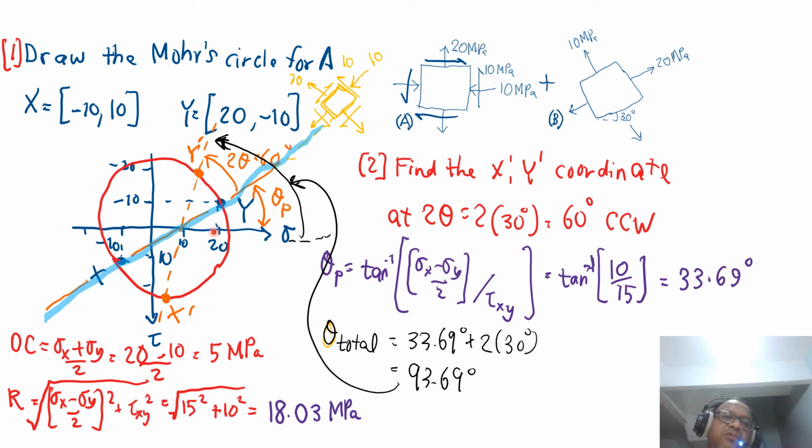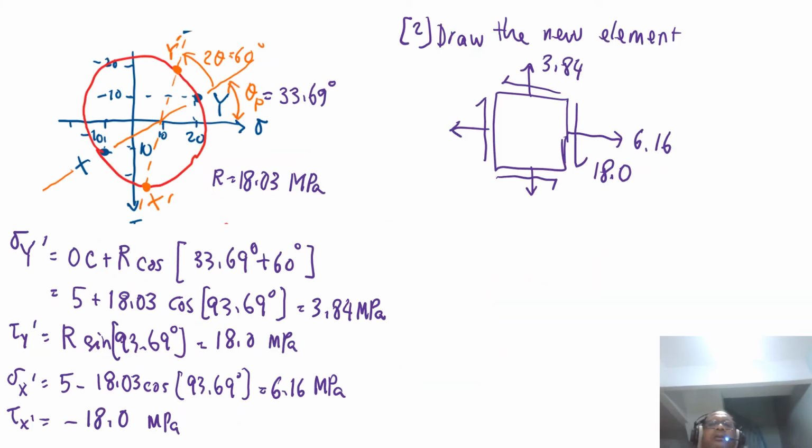So what you did is you've used the horizontal as the baseline, and then you get the theta total as 93.69 degrees. So if you do that, you will now have 33.69 plus 60, and this is the new location. So you can do your calculation of the new coordinates of the y dash. This is the y dash, and this is the coordinate of the new x dash.